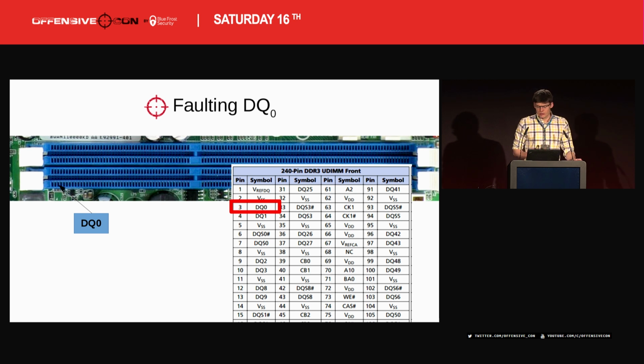Now, how do we actually fault a signal? It's an electrical signal, so we just want to create a perturbation, right? We should be able to inject some sort of current or do some sort of perturbation there. Our first idea, and the way we started this project, was a bit random.